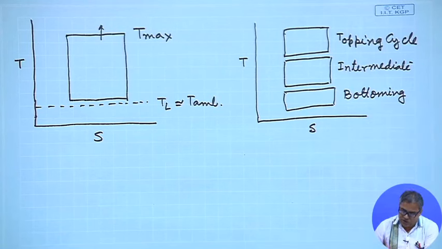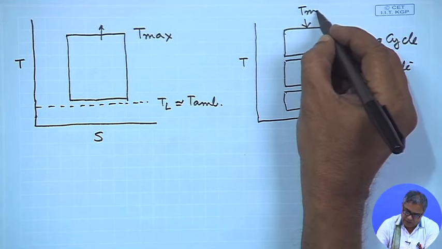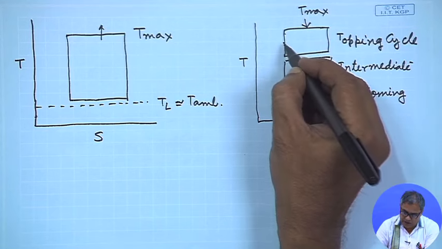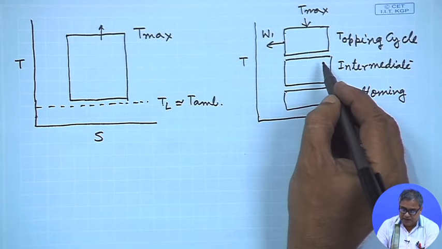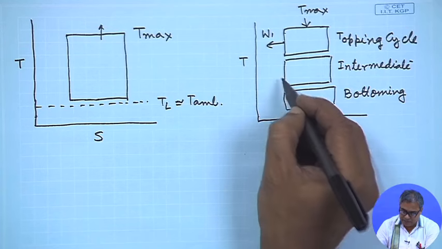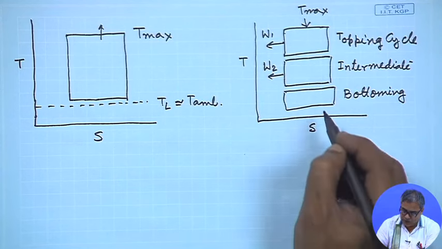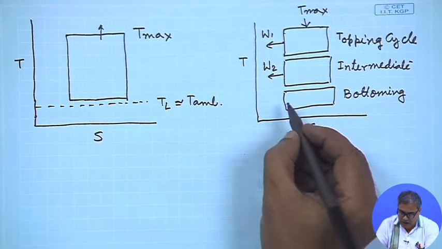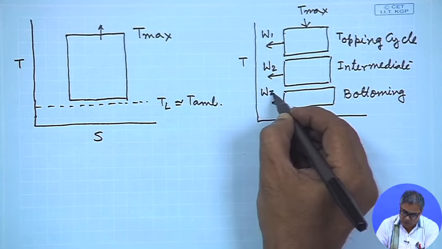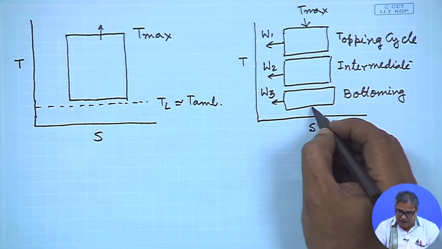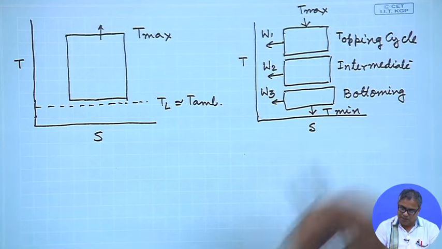Now, the topmost cycle will take thermal energy from a source, from T max, it will convert part of it into work, let us say this is W 1, then it will reject heat which will be taken by the intermediate cycle, it will convert part of it into work, that is W 2, and then it will reject heat which will be accepted, taken by the bottoming cycle, and it will create some amount of work which is W 3, and then ultimately heat will be dumped to T min, the minimum temperature.